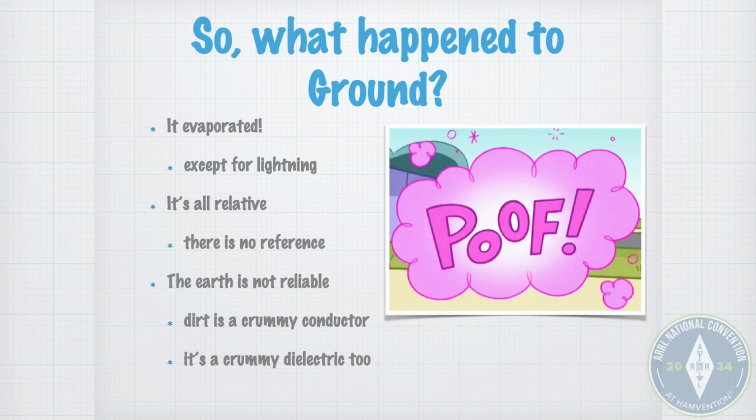And that's up to you. I mean, the electrons don't care. And we also learned that the Earth is not a reliable conductor. It's a lousy conductor, as a matter of fact. And it's also a lousy dielectric. So it sort of looks like a capacitor, sort of looks like a resistor. It changes when it rains, and it changes with the humidity, and it changes with where you live.